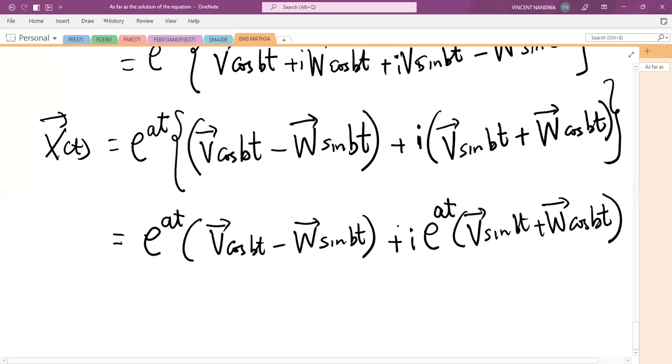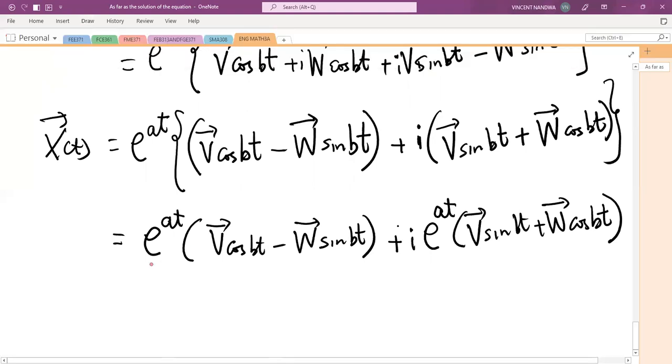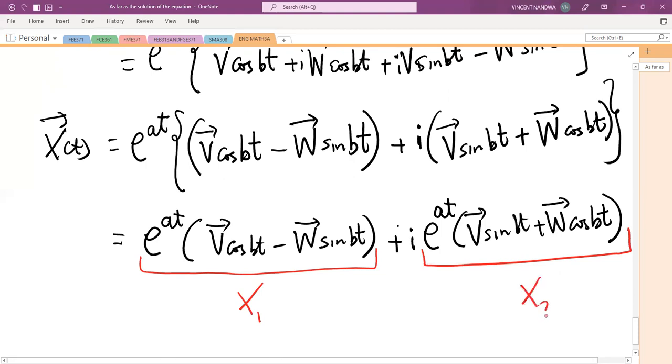So therefore, when you are dealing with the complex case, this part you call x1, and this other part you call x2.